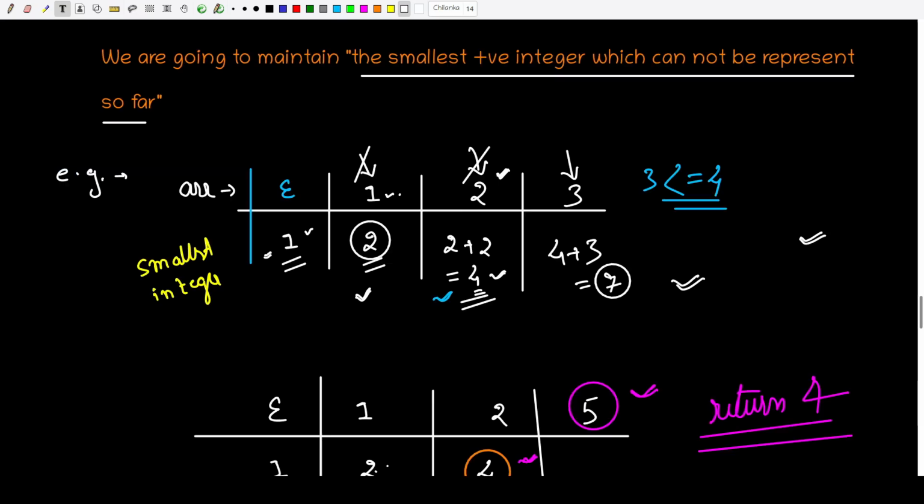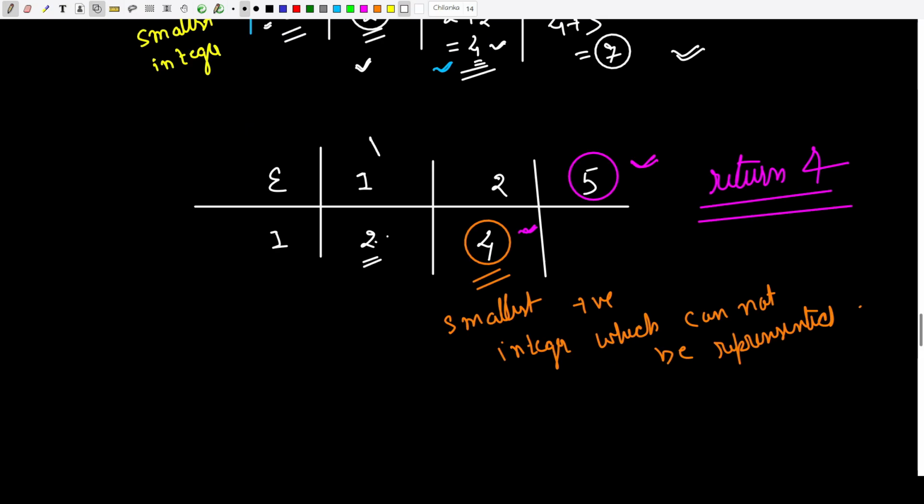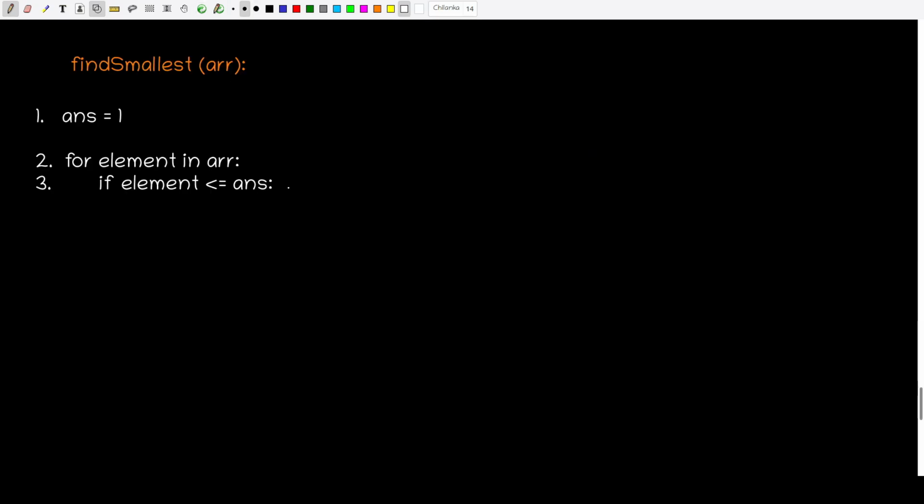So over here we are at this position and we are checking whether 1 can be represented by the smallest positive integer so far or not. So for this to be represented, this value should be less than or equal to this value. And that is what we are comparing over here.